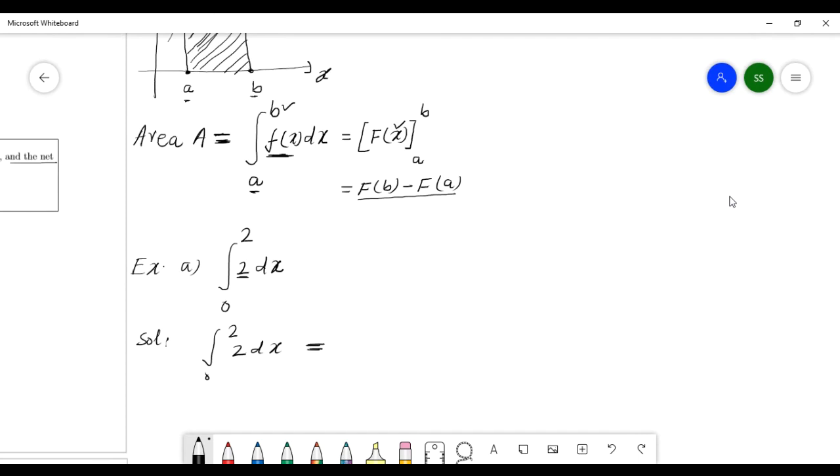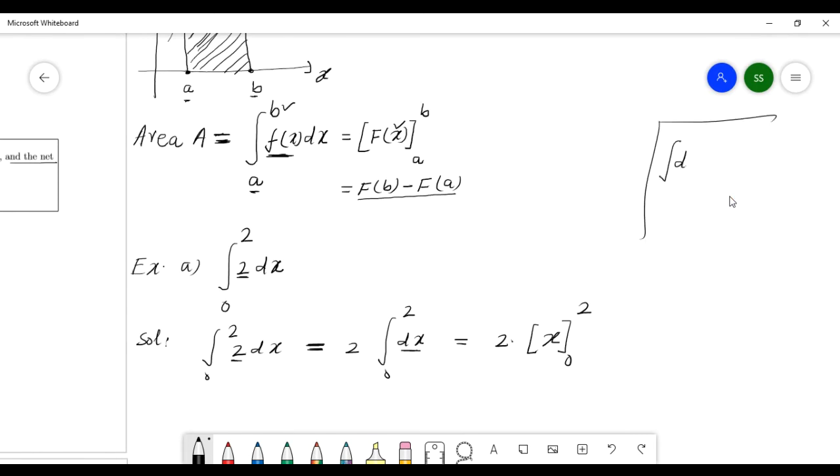How to solve this? Look over here. See the solution. Here a equals 0 and b equals 2, and this function f(x) is 2. You will integrate this way. This is a constant, so I take the constant out, and then the integral from 0 to 2 of dx. The integral of dx is x, and then put the limit 0 here and 2 here.